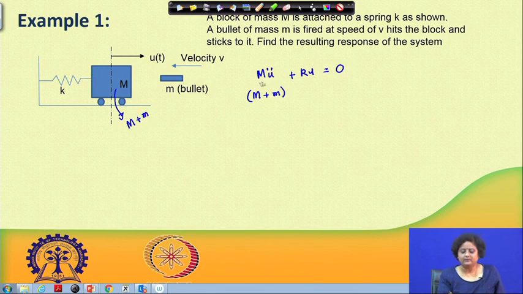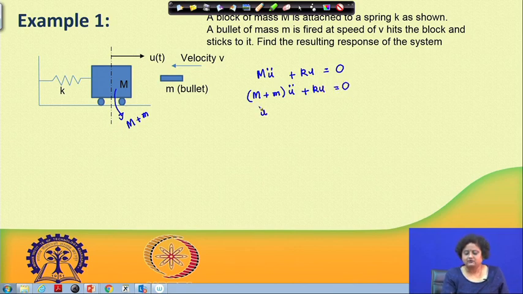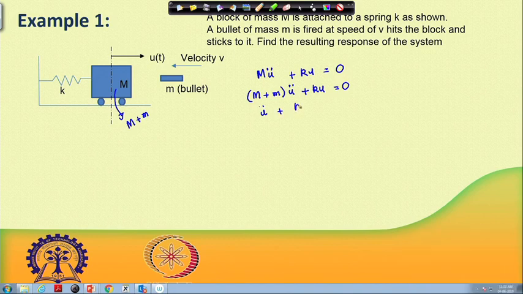So, we will have capital M plus small m, which is going to be the new mass, and then (M plus m) u double dot plus k u is equal to 0. This can be written as u double dot plus k by (M plus m) into u is equal to 0, and omega n square is k by (M plus m).